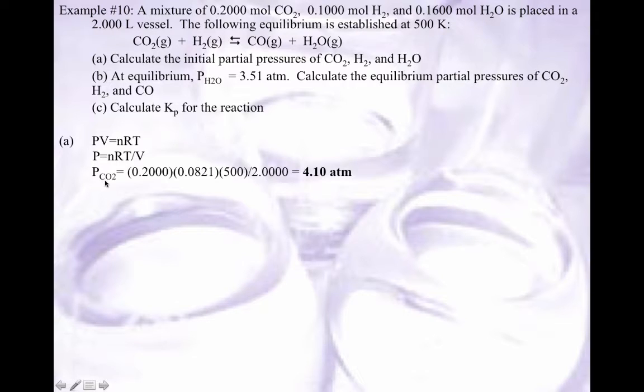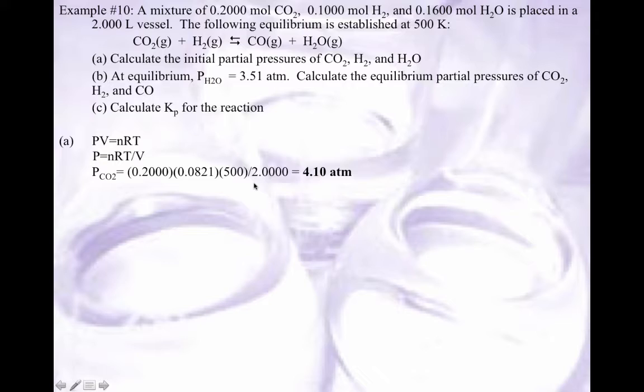So partial pressure of CO2 equals 0.2 times 0.08206, times 500, this entire amount divided by 2. Okay, be careful with your order of operations. If you put it in just like this, you're going to get something different. So do N times R times T, all in one set of parentheses, all of that divided by 2, and you should get 4.10 ATM. Okay, if you didn't get this, check how you put everything in your calculator.